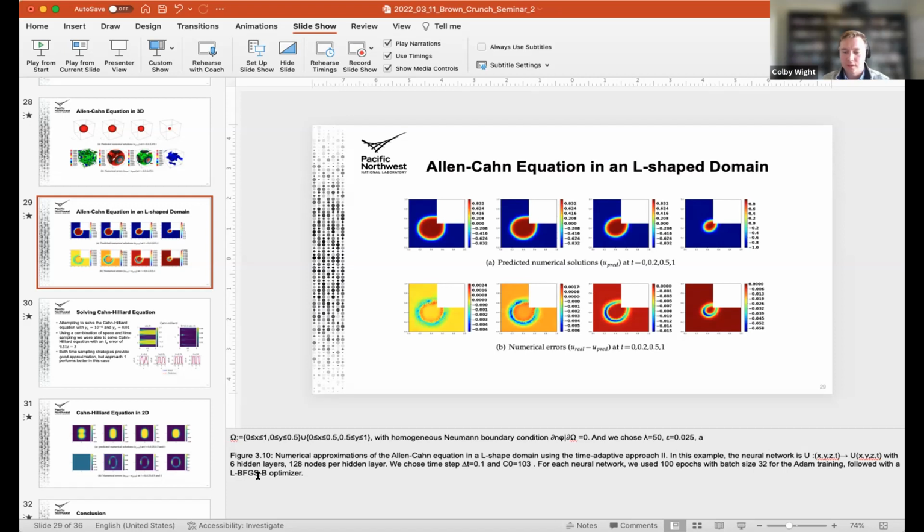We used a network with 6 hidden layers and 120 nodes per layer. Maybe I'm not answering your question. Maybe the solution has no singularity, so the geometry does not affect it that much.